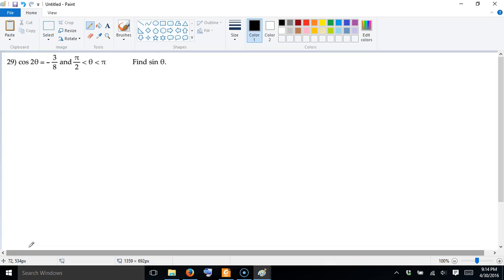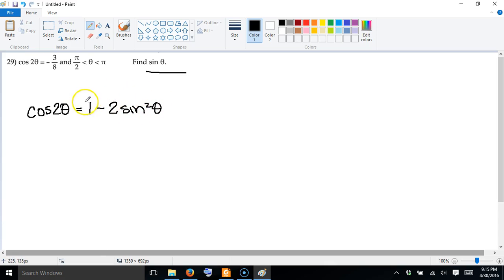This uses the double angle identity for cosine, and I know there's 3 of them that you can choose from, but you need to choose the appropriate one to be able to find sine theta. One of the identities says cosine 2 theta is equal to 1 minus 2 sine squared theta.